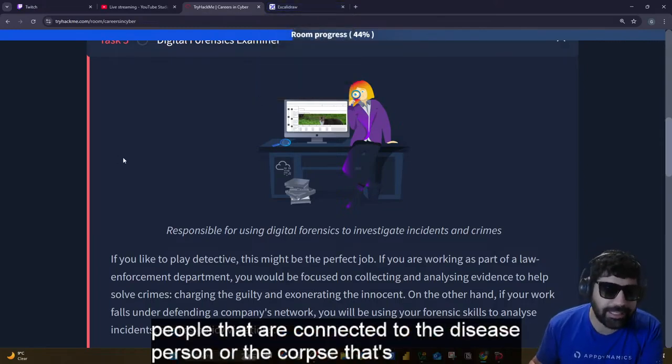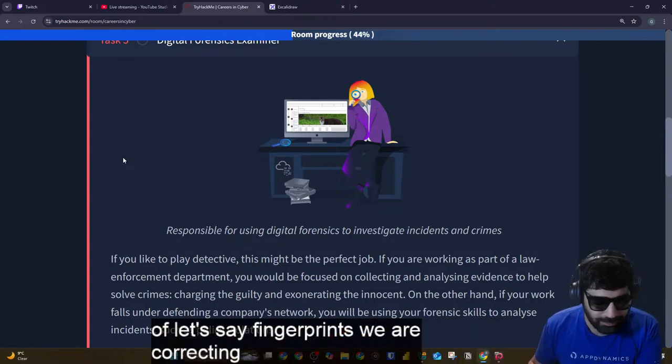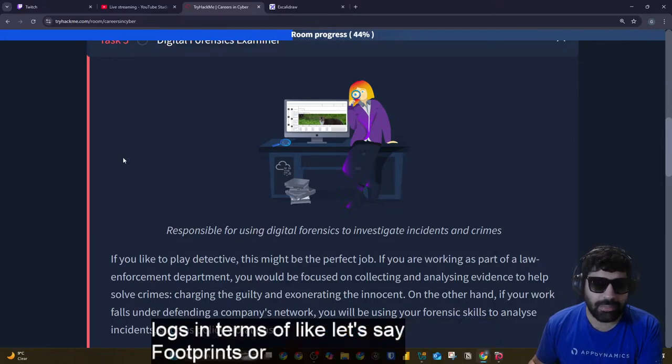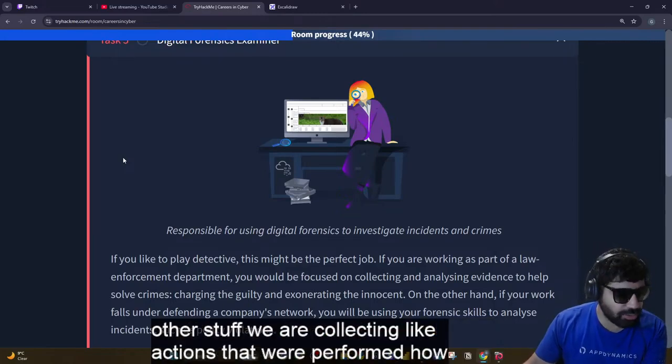That same idea applies here, but instead of fingerprints, we are collecting logs. Instead of footprints, we are collecting actions that were performed, how the person got in.